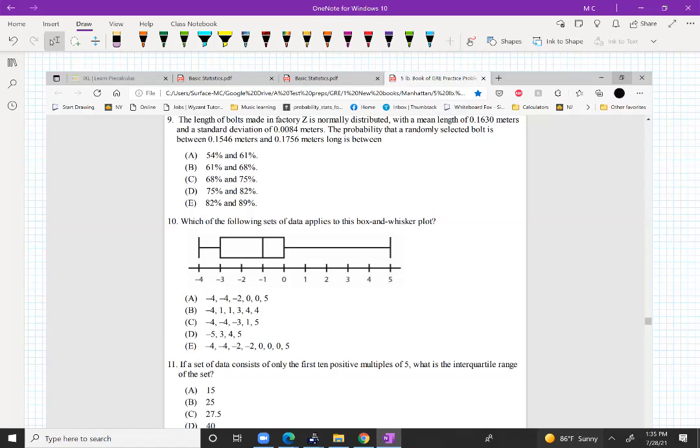I'm going to say C, but let me see. It's 68%. So 1, 4. 4, 2.